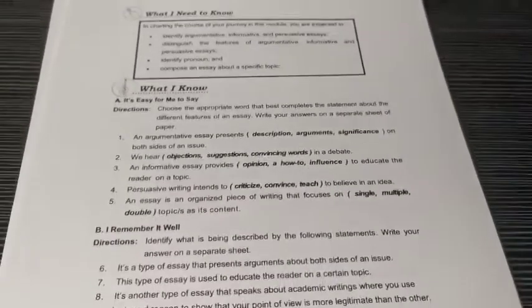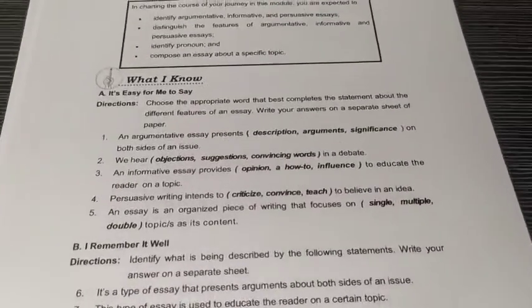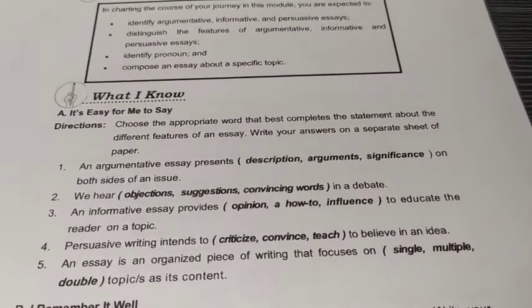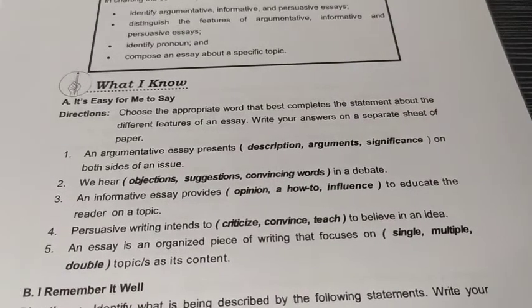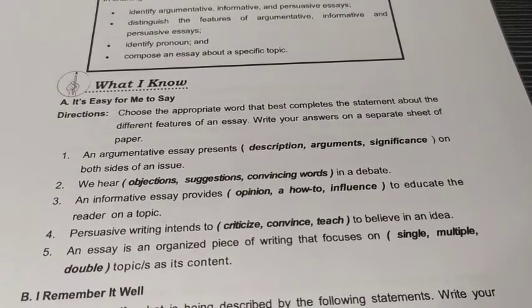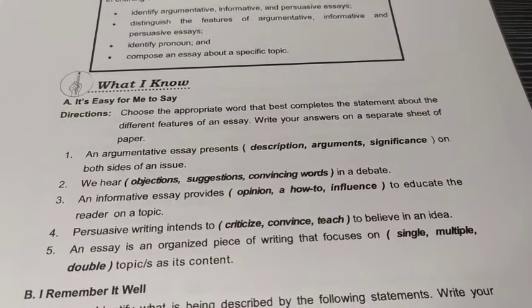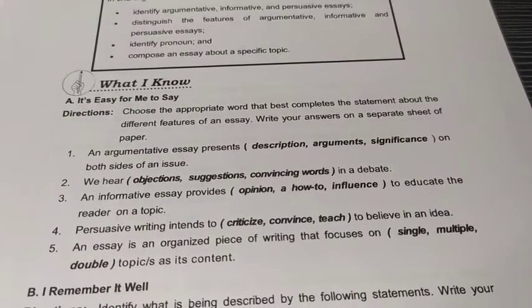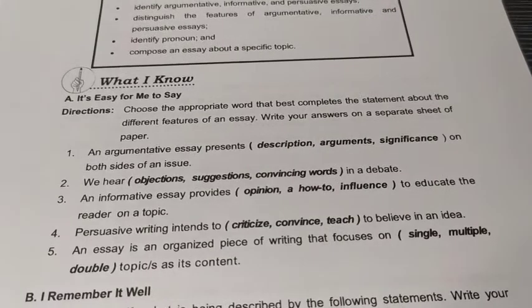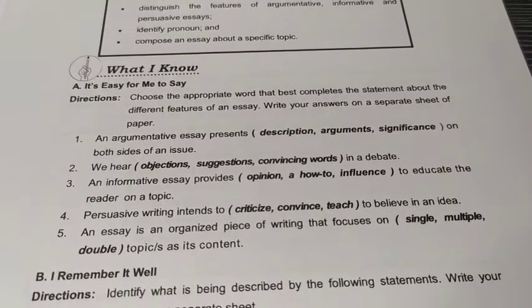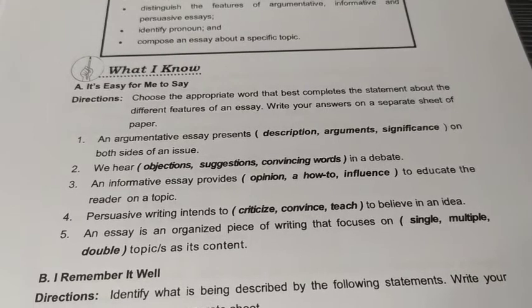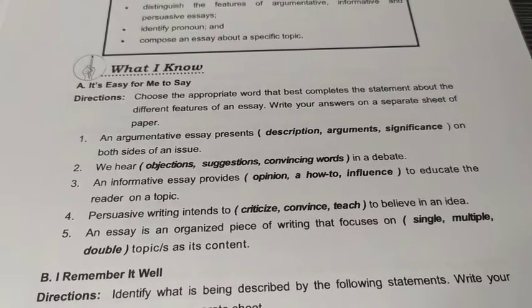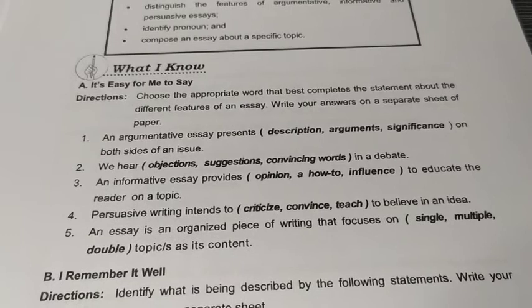So for What I Know, the first part to answer, we will now have the letter E. Choose the appropriate word that best completes the statement about the different features of an essay. Even if you do not know the answer, you have to make a choice based on what you know, because later we will identify if what you think is correct.